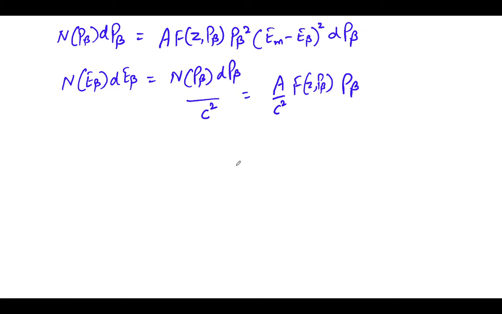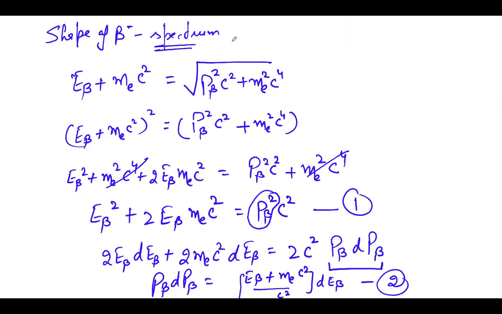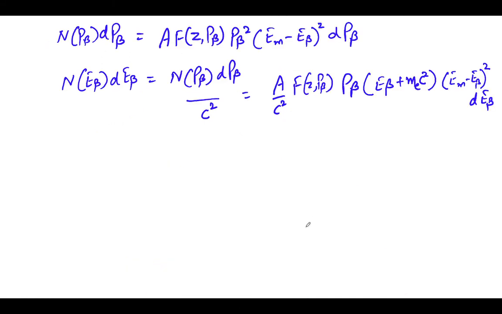We can break down p_β² into p_β into (E_β plus m_e c²) into (E_m − E_β)² dE_β. So we have broken this down and put the value of the p_β term in this equation. So this is what we get, and that is our equation number 3.